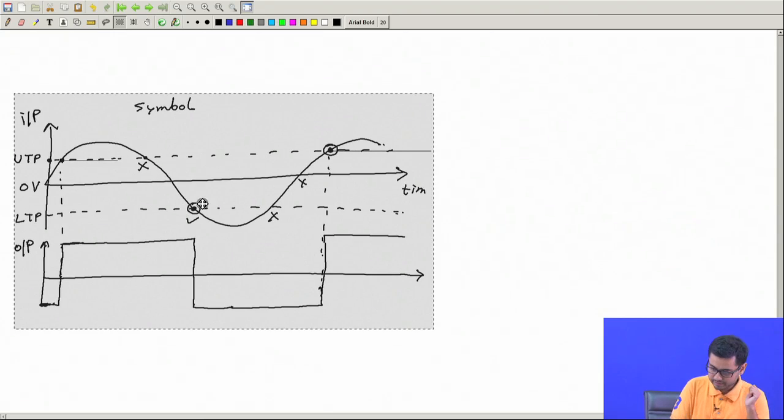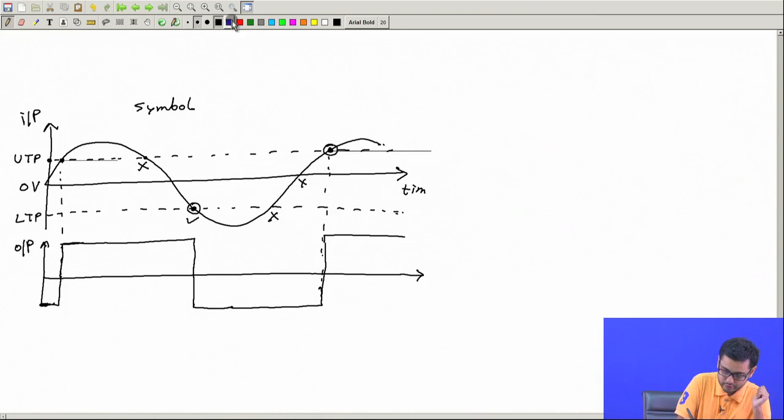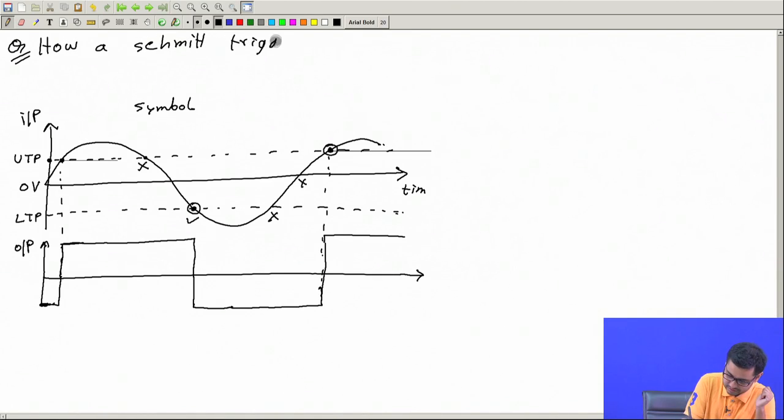So we are discussing how a Schmitt trigger helps against noisy input.